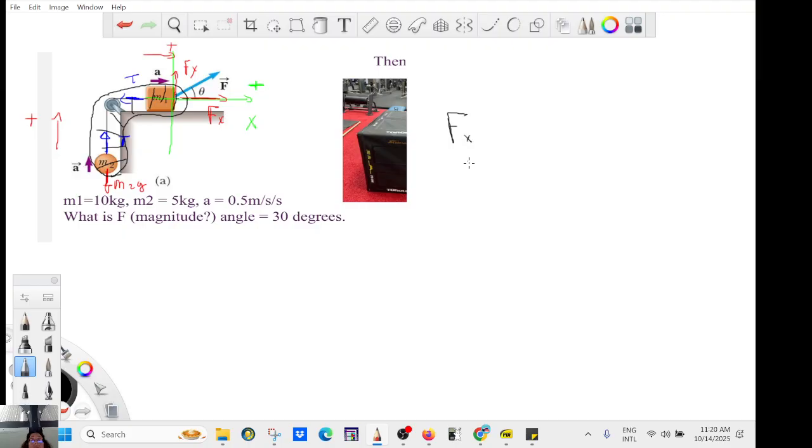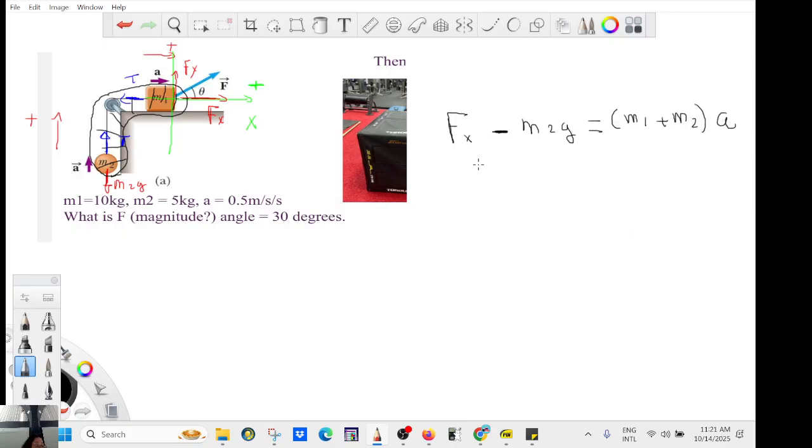F cosine, so x component minus, and then here you see it's accelerating up. This one is the loser, it's opposing. M2 g equals, and then you have inertia, which is m1 plus m2 times the acceleration.